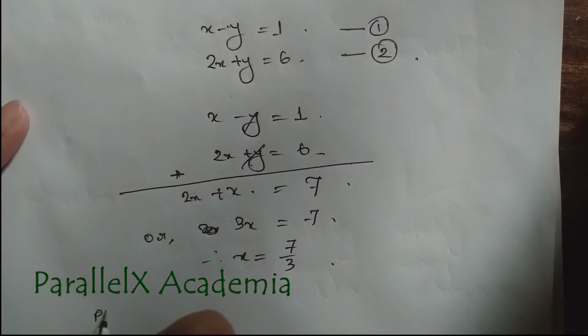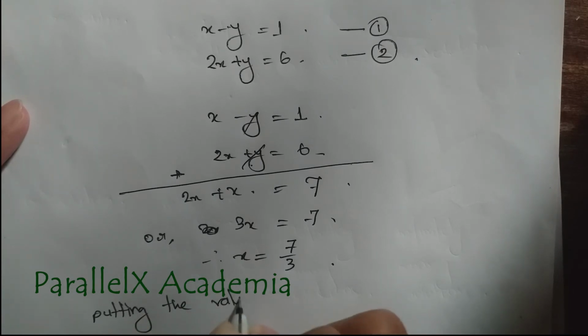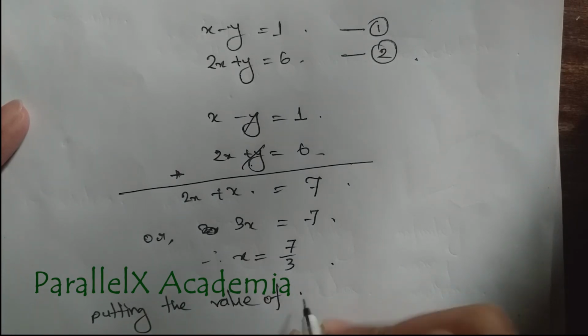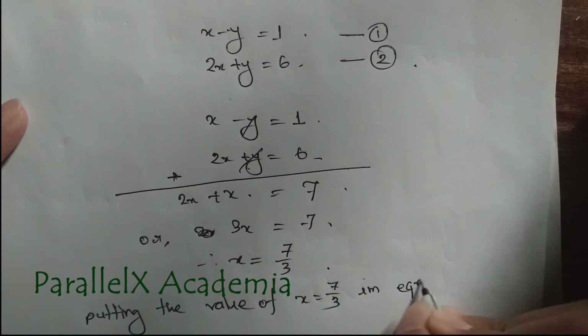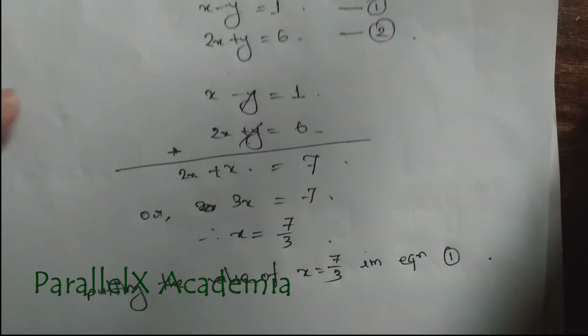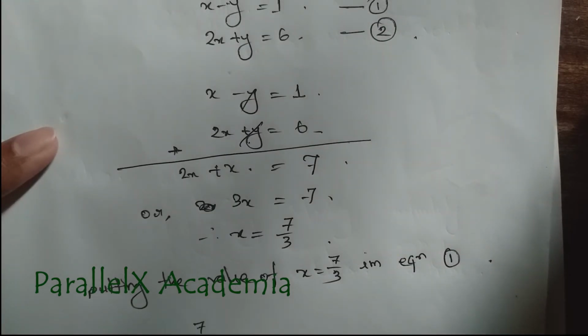Putting the value of x equals 7 by 3 in equation 1, we get 7 by 3 minus y equals 1.